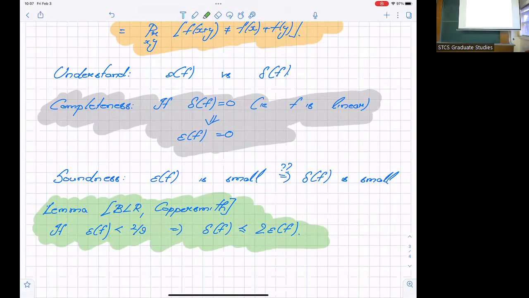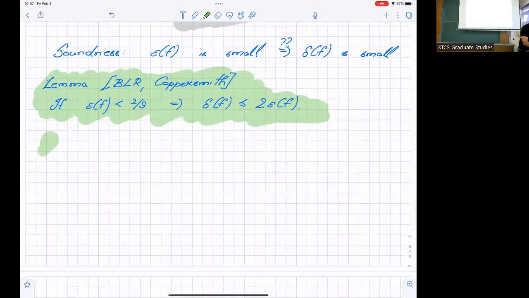These numbers might seem out of the blue. We will later see that these numbers are right. I can't change anything because the proof is more general than the theorem that I wanted to prove. We'll talk about all of this, but let's first prove this. The statement here is that if the rejection probability is smaller than 2/9, then the function is very close to being linear. In fact, its distance to linear is just twice the rejection probability.